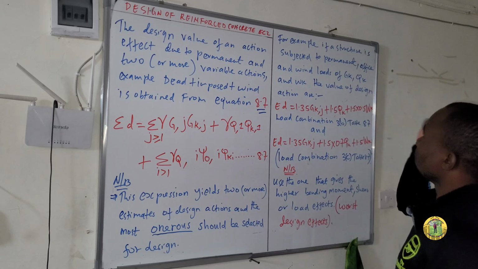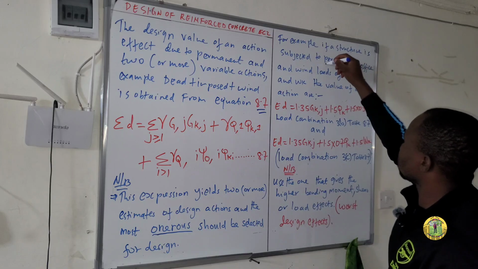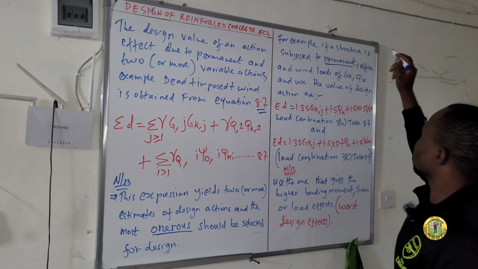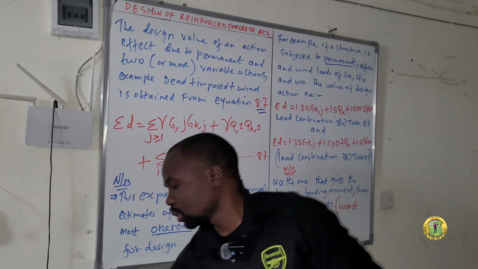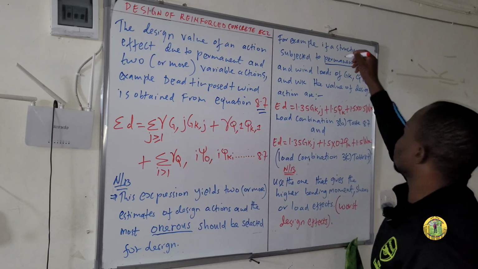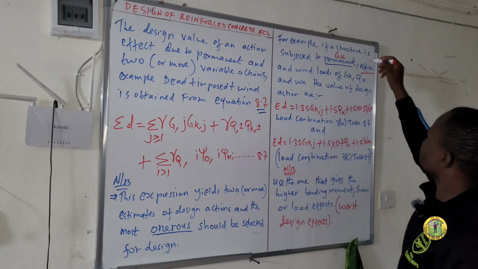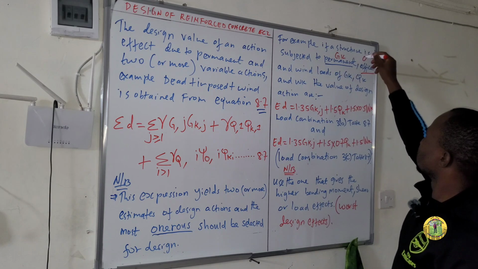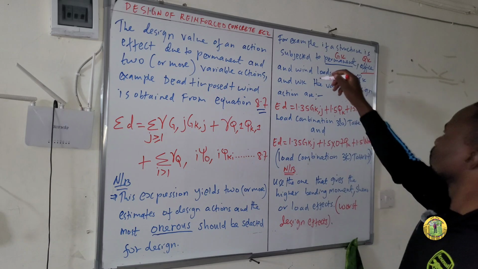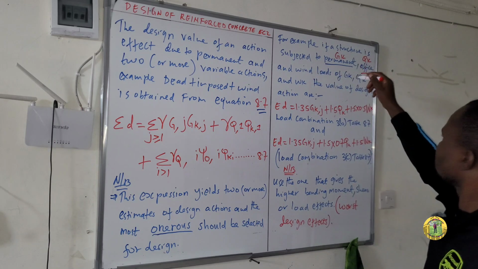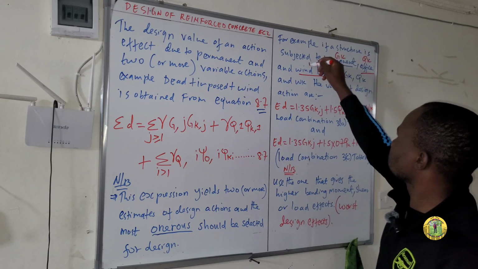So for example, if a structure is subjected to permanent action, this is the GK. Let me write it using another pen. So this is the GK, the office is the imposed load or the variable action, which is QK, and the wind action is WK.